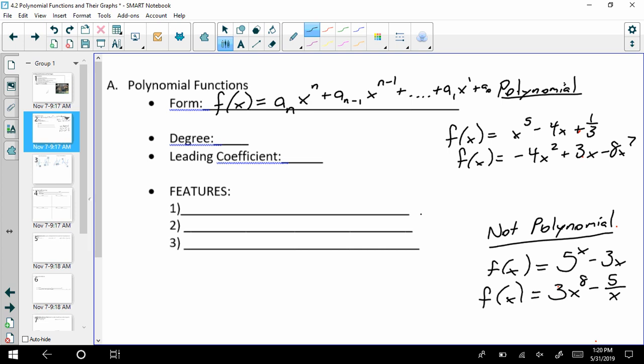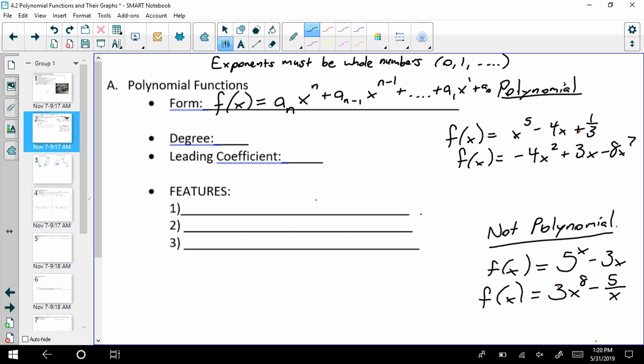The big rule to be a polynomial, the exponents must be whole numbers. And the very first unit we did in this class, I said whole numbers can be 0 on up.